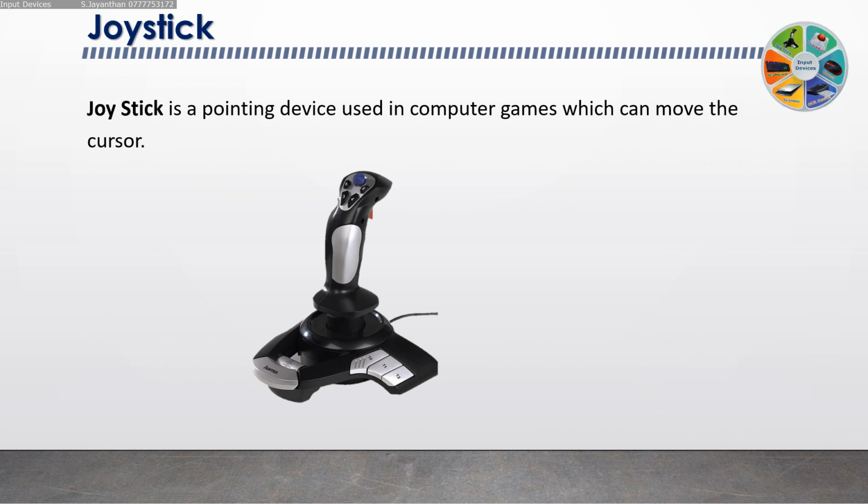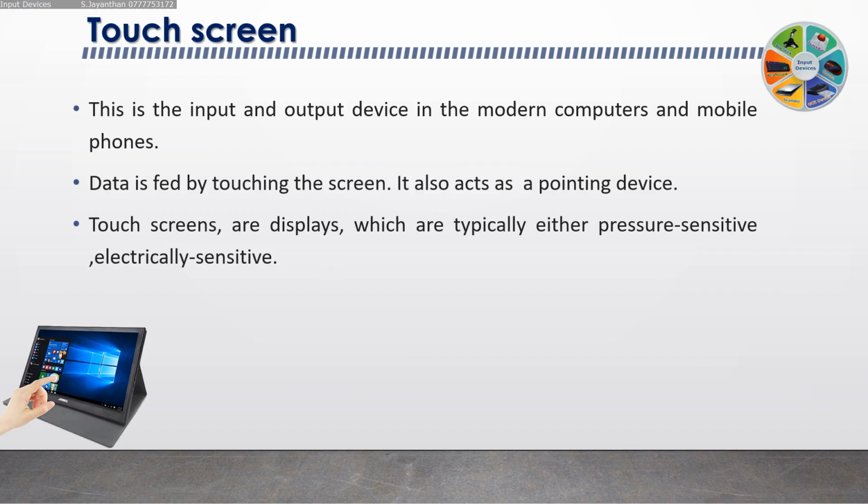A joystick is a pointing device commonly used in computer games which can move the cursor. Touchscreen. This is an input and output device used in modern computers and mobile phones. Data is fed by touching the screen. It also acts as a pointing device.